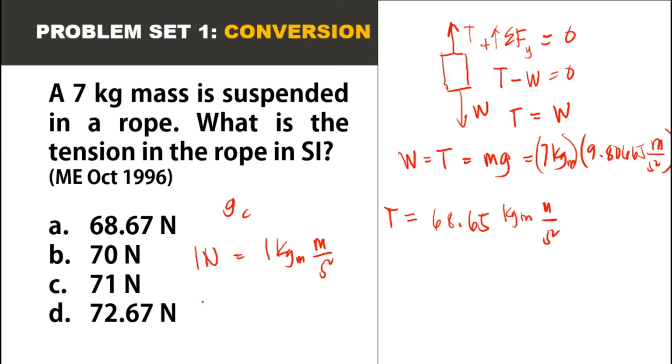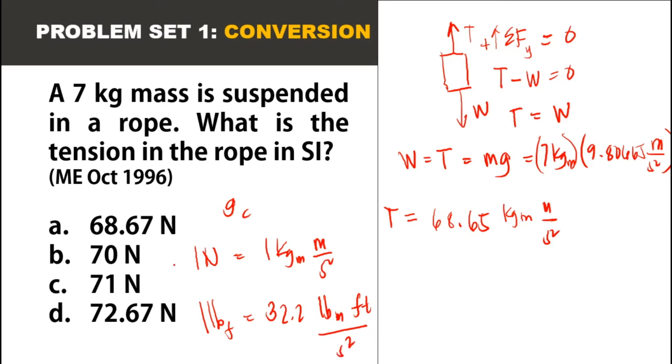And for English, we have 1 pound force is equal to 32.2 pound mass feet per second squared.